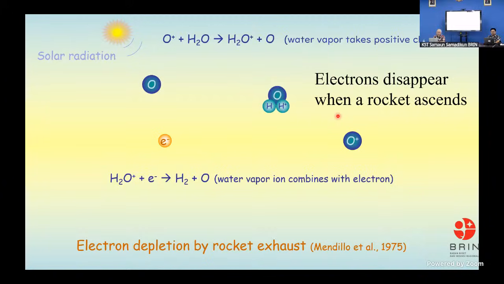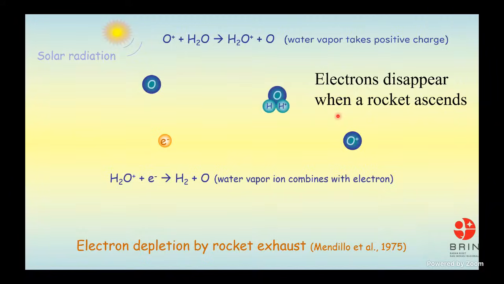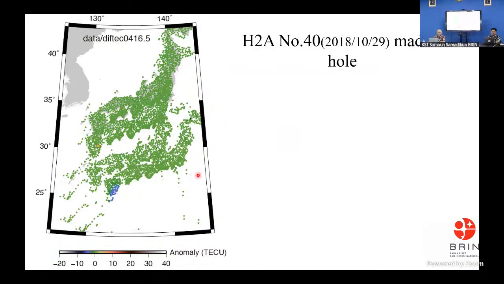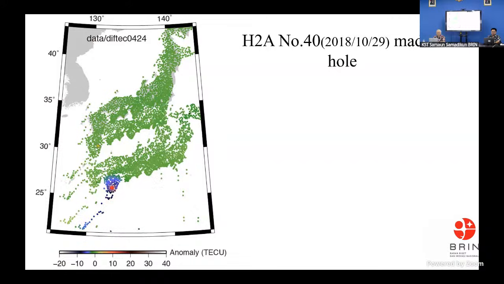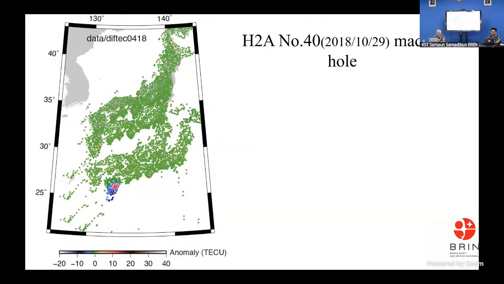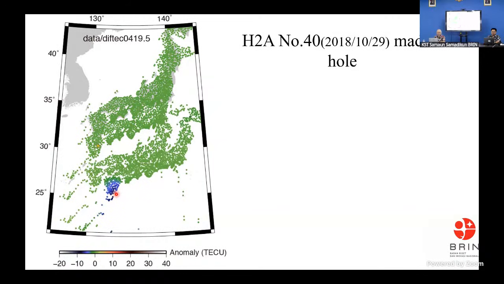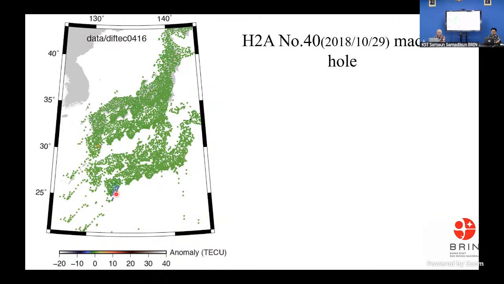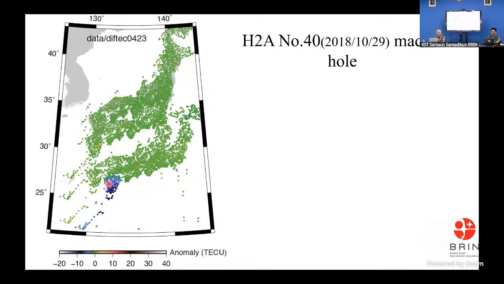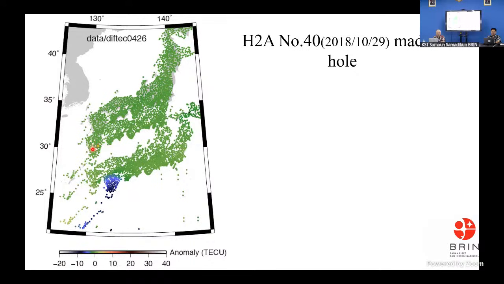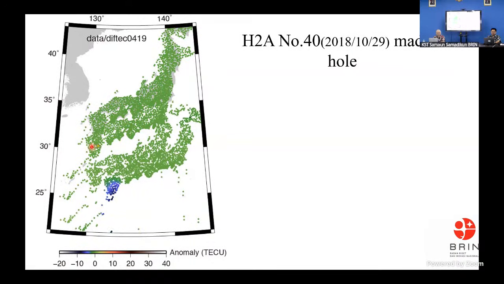So as a consequence, electrons disappear when the rocket ascends. For example, you can see green is normal, and the blue is a negative anomaly of the number of electrons. So this is the launch pad of the H-2A rocket.